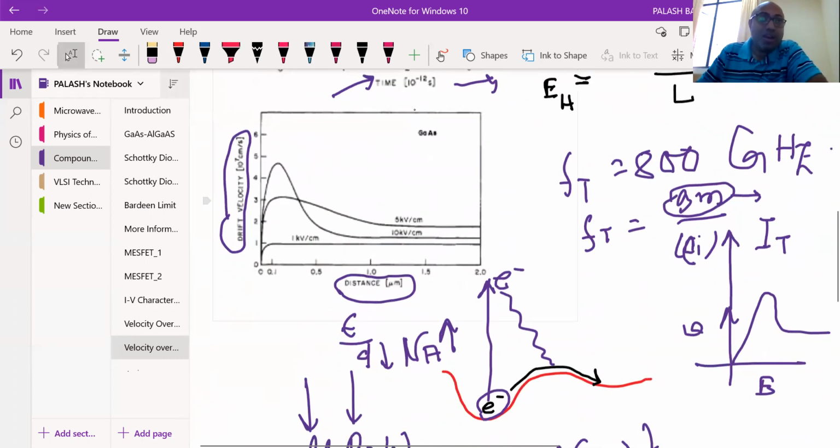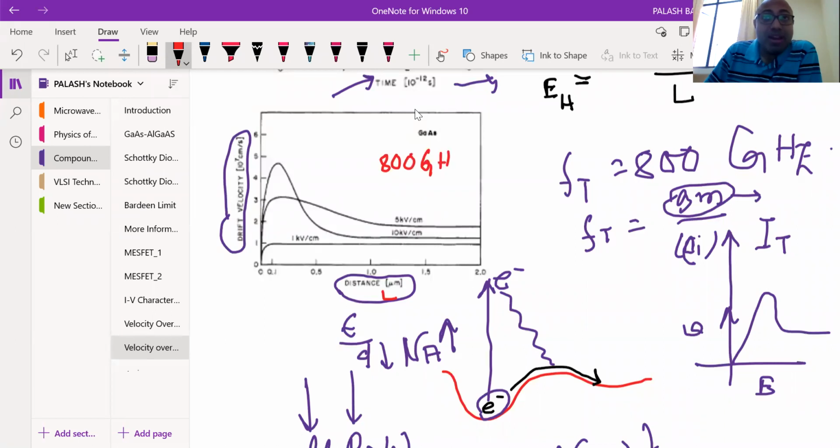Now velocity and GM are related, because velocity is related to current, and current is related to GM. It is all actually related, so no issue. So for 800 gigahertz, what would be my distance, what would be my L?